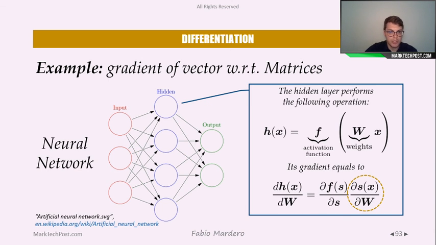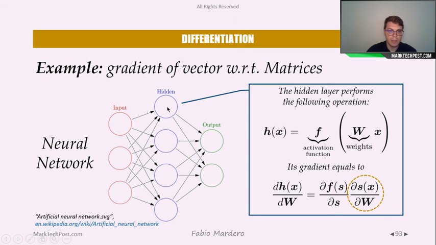When do we apply the chain rule in this way? Well, we can apply the chain rule in this way in neural networks, a particular algorithm that can be represented in this way in one of its simplest forms. Let's take a look at this hidden layer, as it's called.